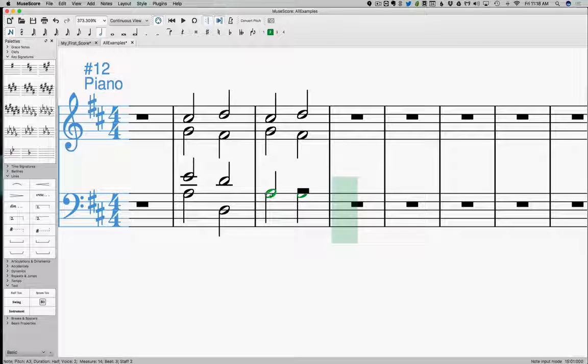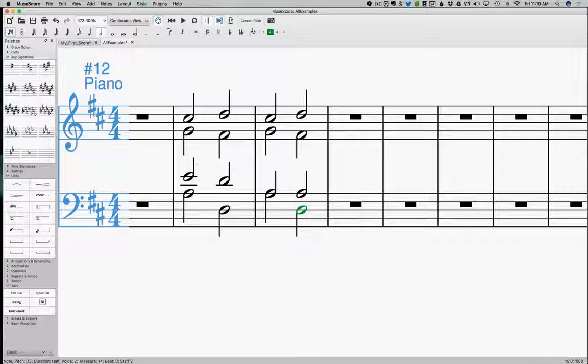I can leave my tenor voice on the A and drop my bass voice down to the D. So now I have a full triad spelled nicely and arranged nicely, but I've left off the 5th here in order to make it resolve correctly. So two different ways you can do it.